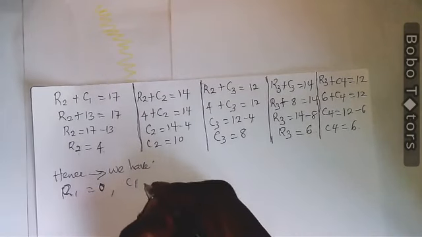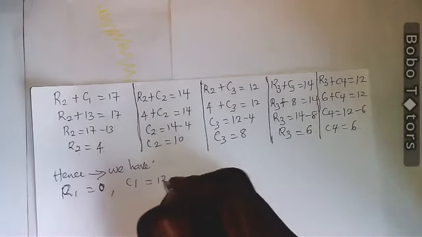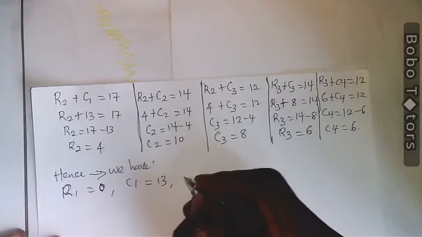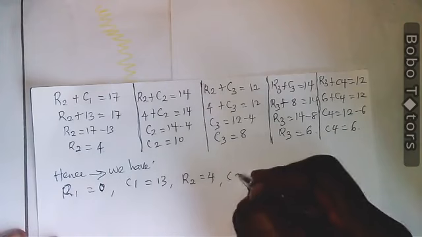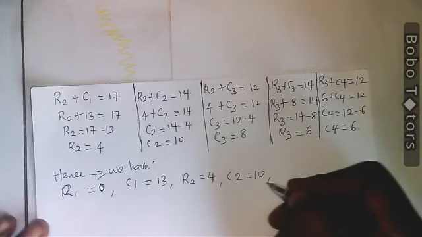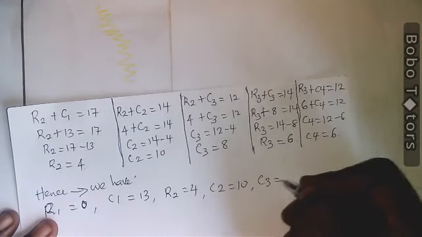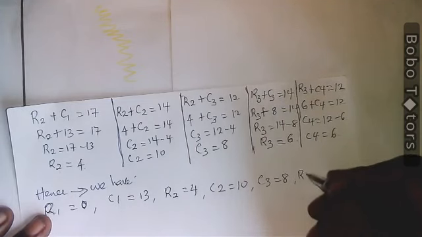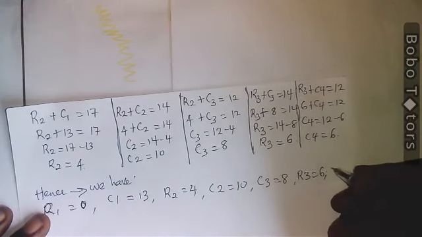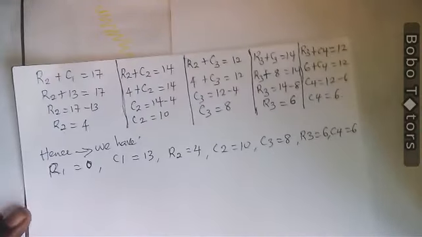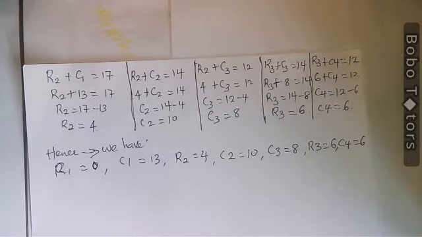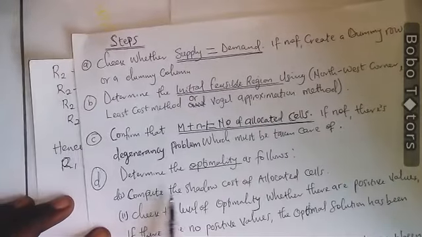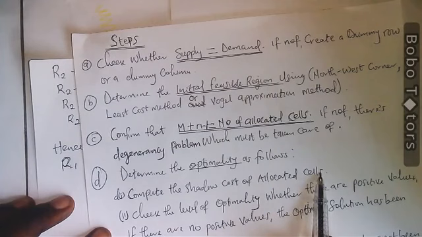Column 1 is equal to 13, row 2 is equal to 4, column 2 is equal to 10, column 3 is equal to 8, row 3 is equal to 6, column 4 is equal to 6. Now we have satisfied this: compute the shadow cost of allocated cells.